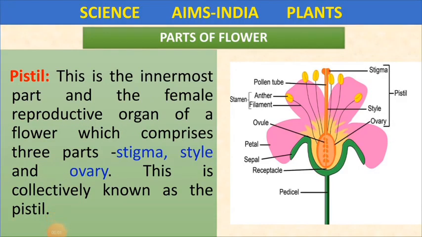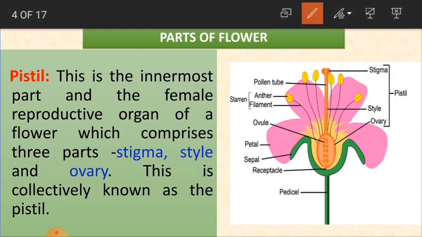What is a pistil? Pistil is the innermost part and the female reproductive organ of a flower which comprises three parts, that is stigma, style and ovary. These three collectively, in the sense combinedly, are known as the pistil.